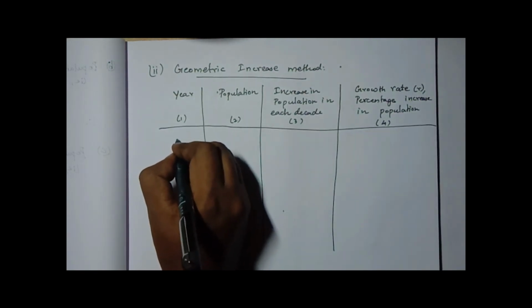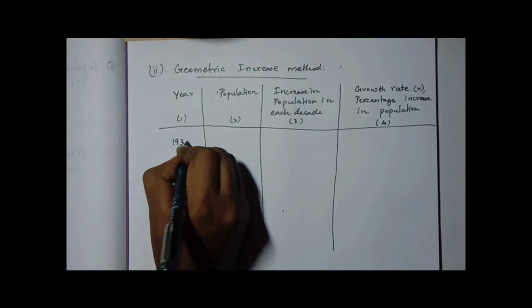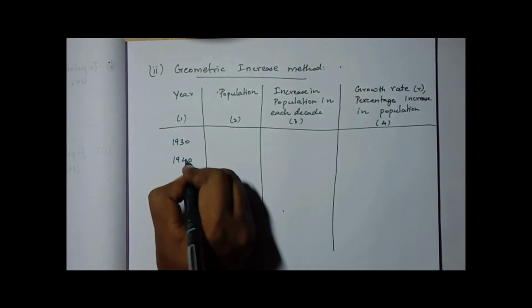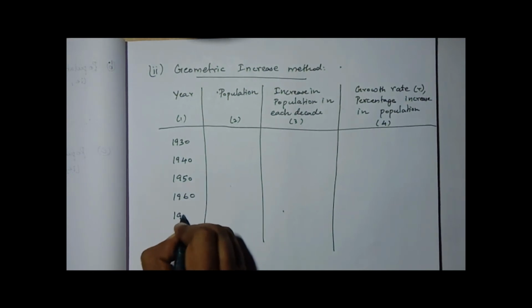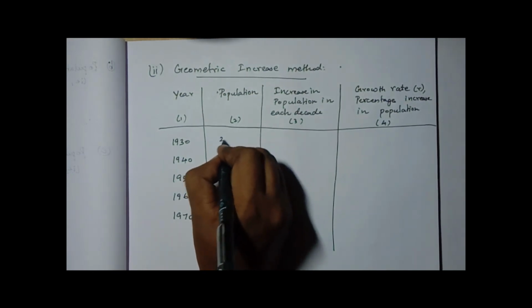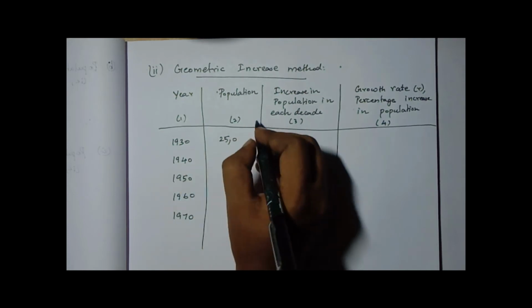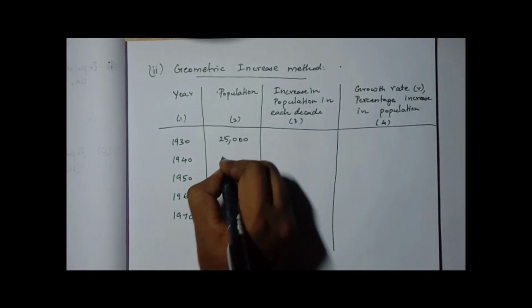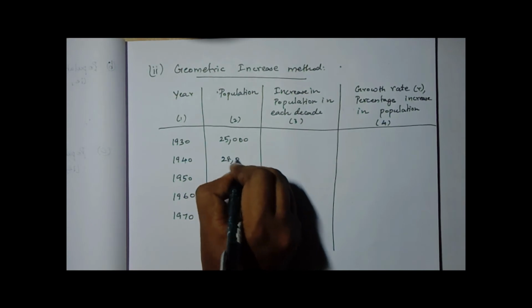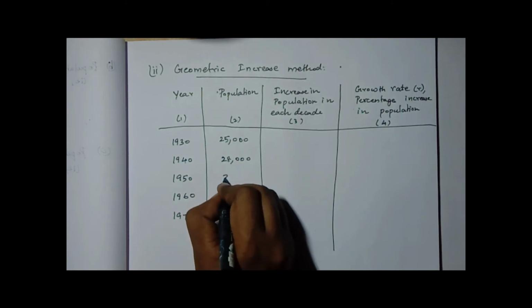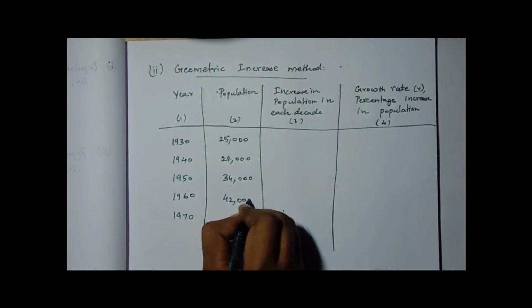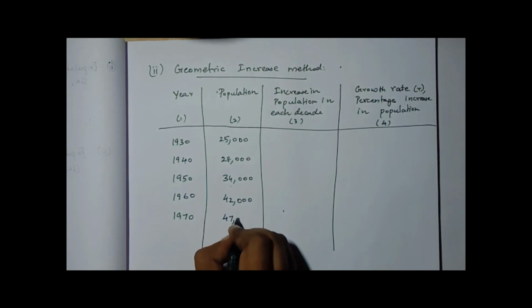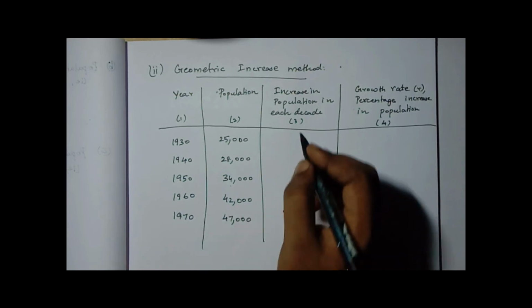Now in the given data, they have given the population in the year 1930, 1940, 1950, 1960 and 1970, which is nothing but the year 1930 we had 25,000, and 28,000 in the year 1940, and 34,000 in the year 1950, and 42,000 in the year 1960, and 47,000 in the year 1970.